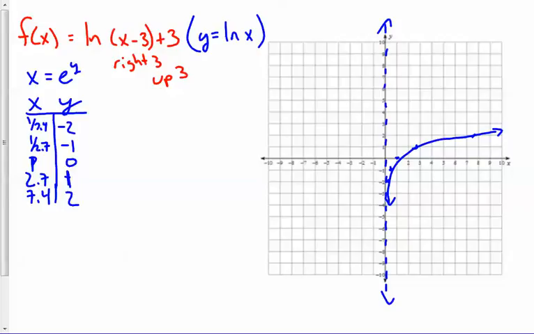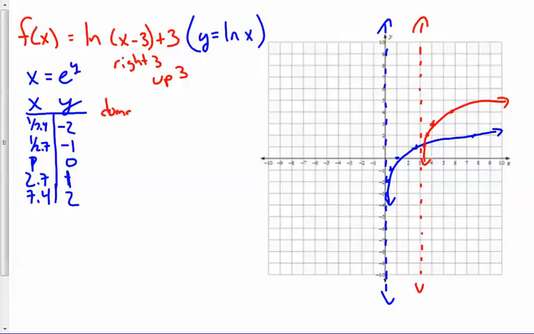So each of these points will be moved to the right 3 and then up 3. To the right 3 and up 3. Make sure you're graphing your asymptotes. And that's the graph of ln of x minus 3 plus 3.